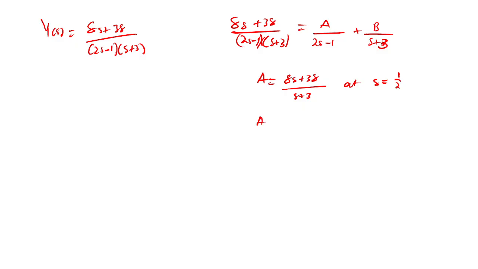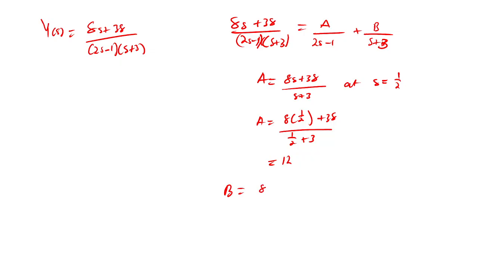So the value of A will be 8 times 1 over 2 plus 38, all over 1 over 2 plus 3. Give me the answer, the value of A. Quickly. 12.